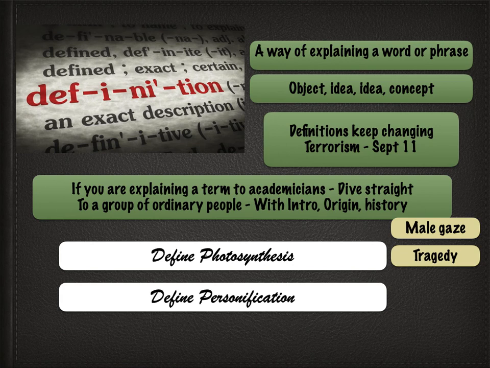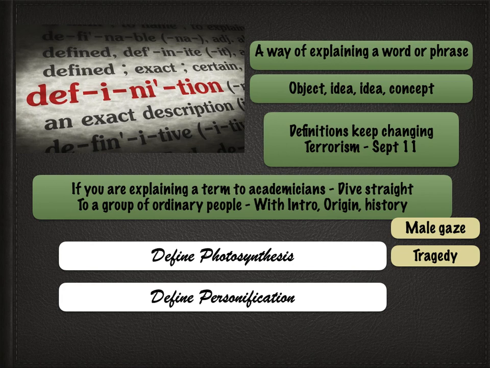So this is another important thing that you have to keep in your mind, because definitions will not always remain with the same meaning. The best example to understand this would be the term terrorism, because terrorism has started gaining a different level of interpretation from September 11 attack onwards. So sometimes with the passage of time, definitions can also change.